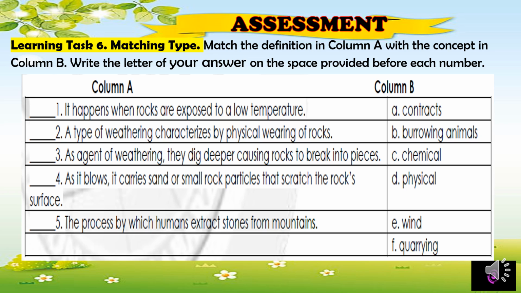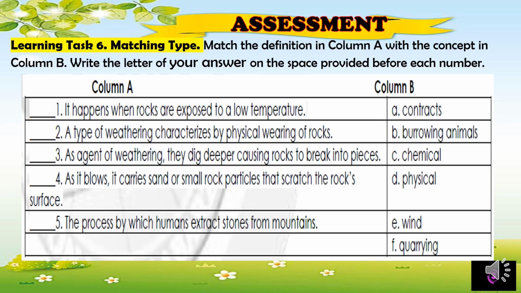A type of weathering characterized by physical wearing of rocks. Number 3. As an agent of weathering, they dig deeper, causing rocks to break into pieces. Number 4. As it blows, it carries sand or small rock particles that scratch the rock's surface. Number 5, the process by which humans extract stones from the mountains.